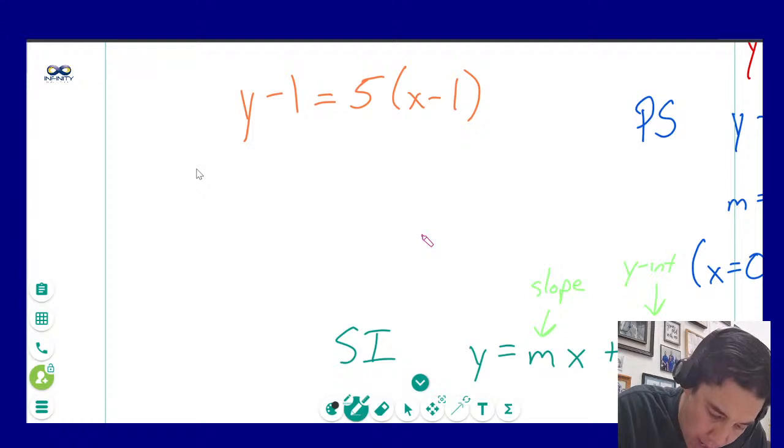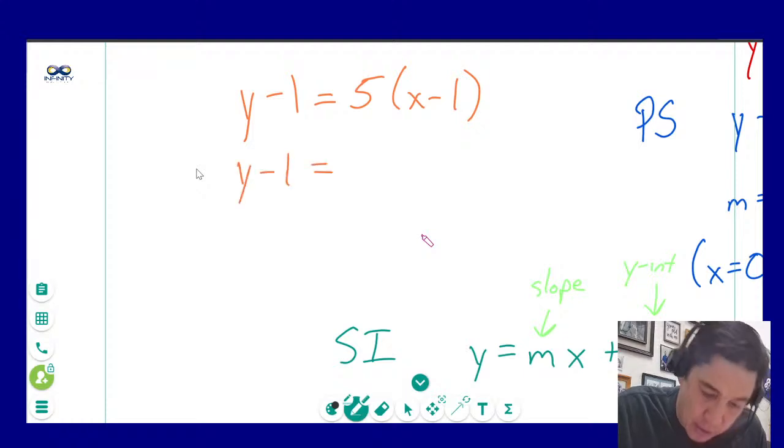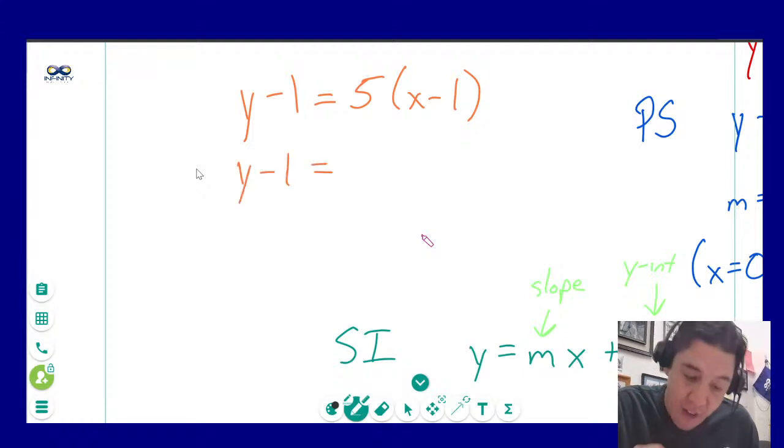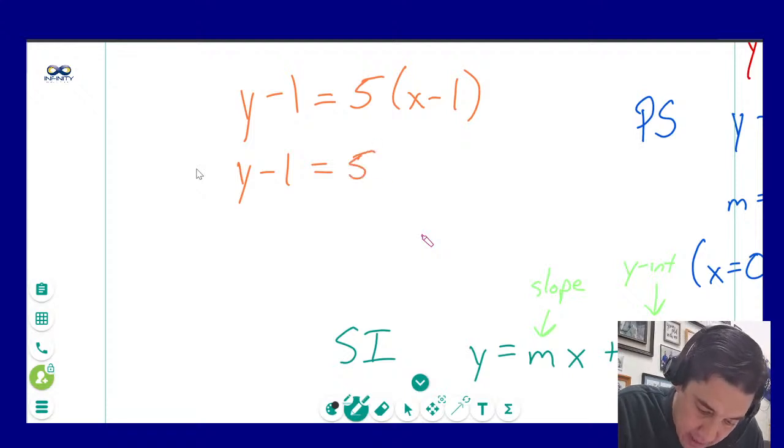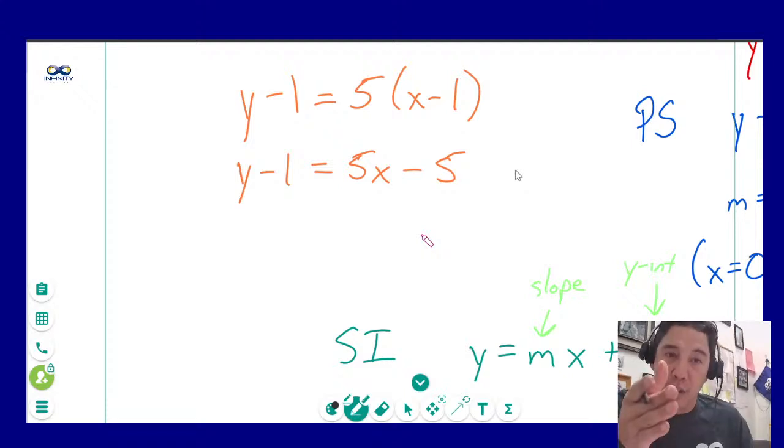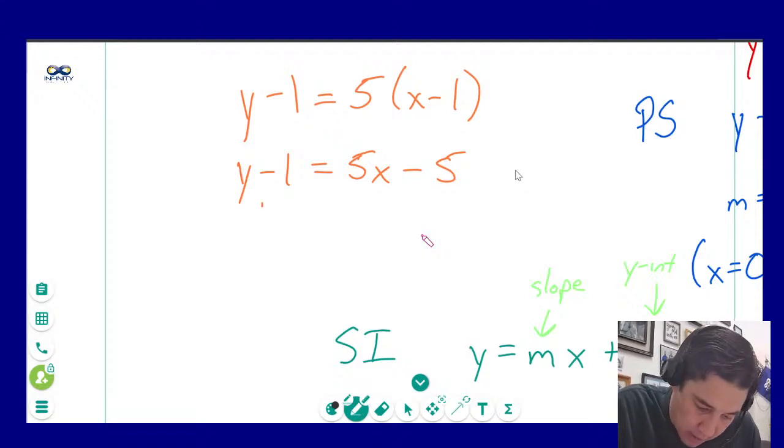So y minus 1 equals, I got to use the distributive property. 5 times x is 5x. 5 times -1 is -5. Then I have to use the additive property, add 1 to both sides. And I get y equals 5x minus 4.